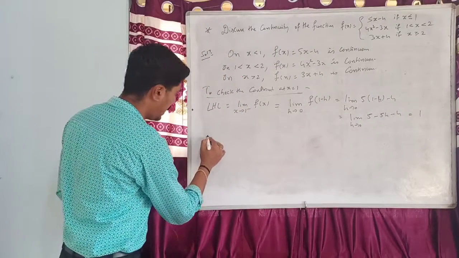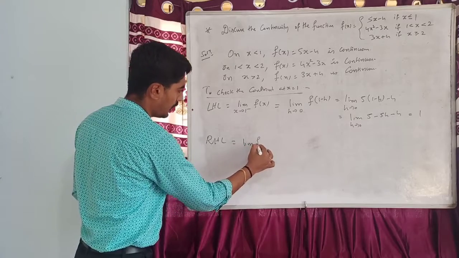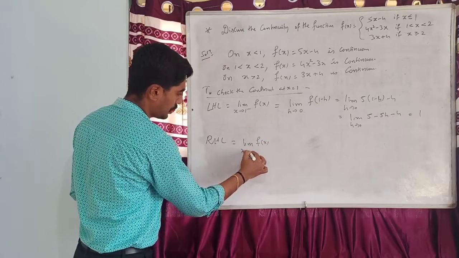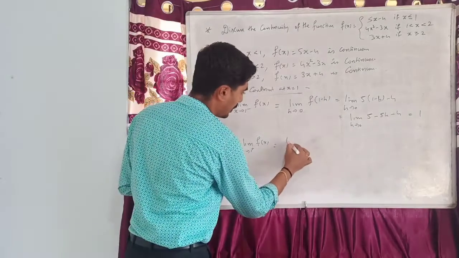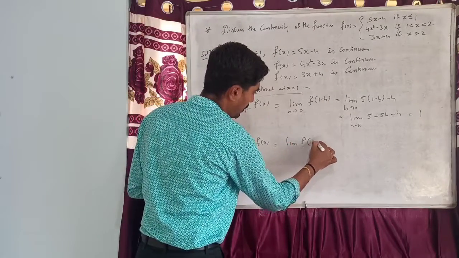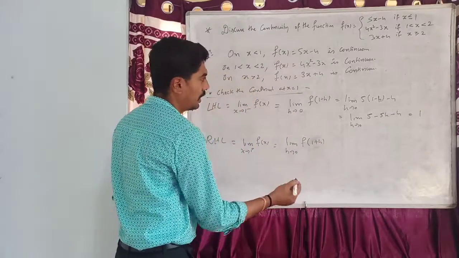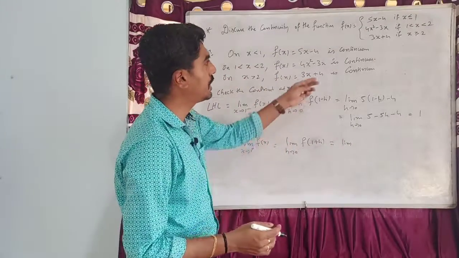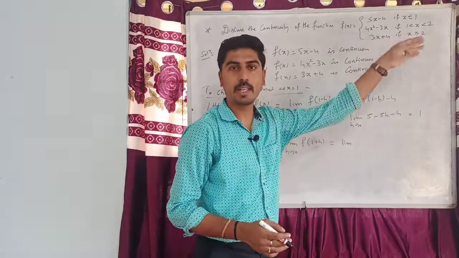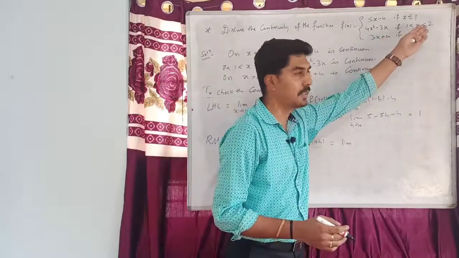Now consider RHL, which is equal to limit of f of x as x tends to 1 plus, this is equal to limit of f of 1 plus h as h tends to 0. If you observe here, if x is greater than 1, h is so small, it lies between this interval.